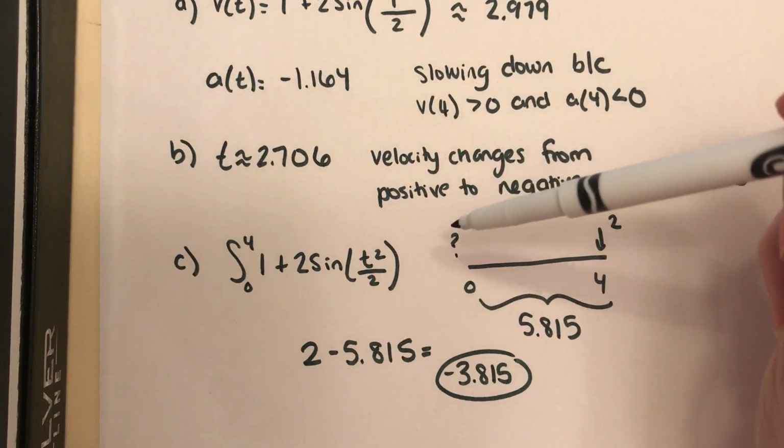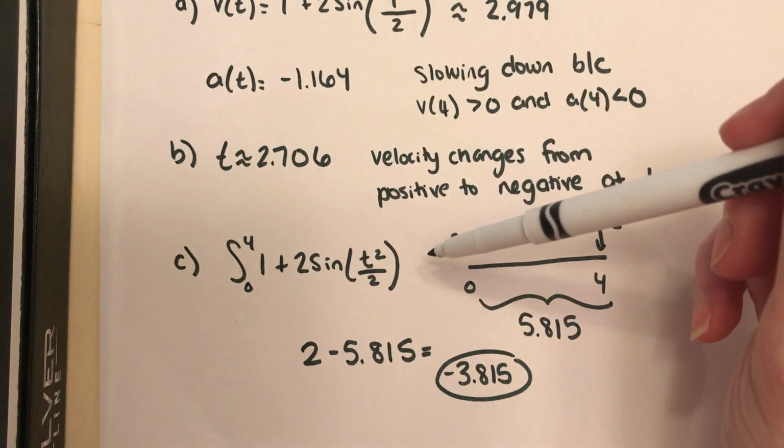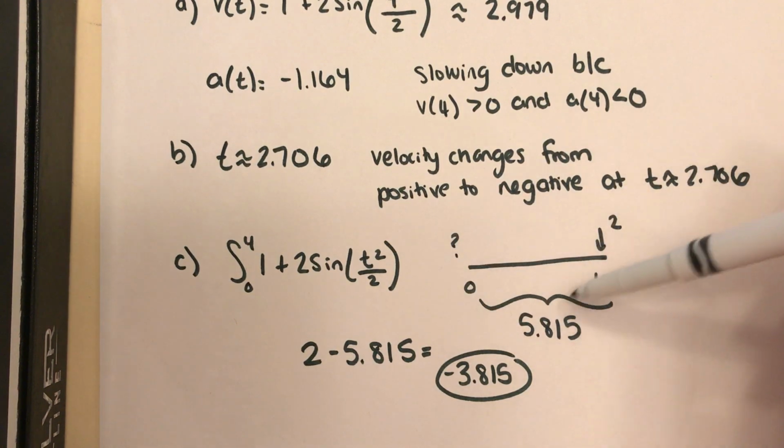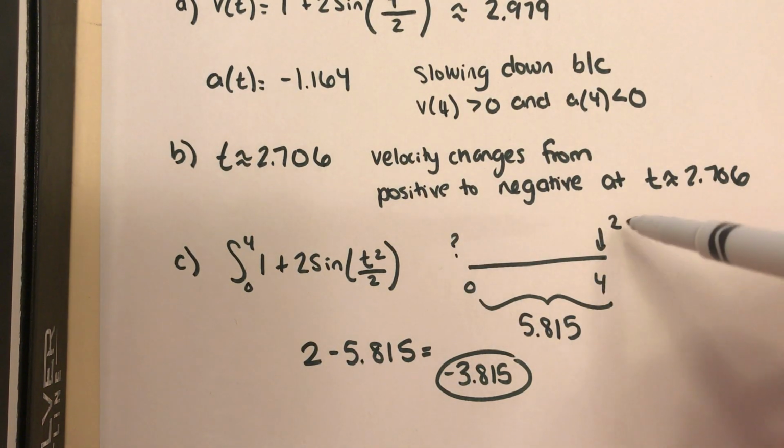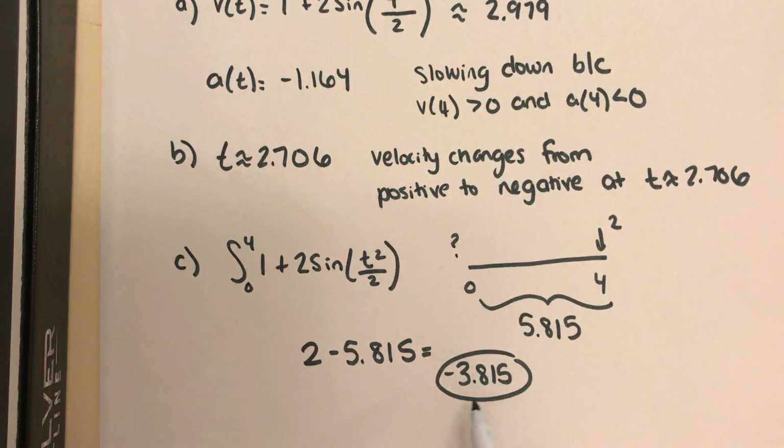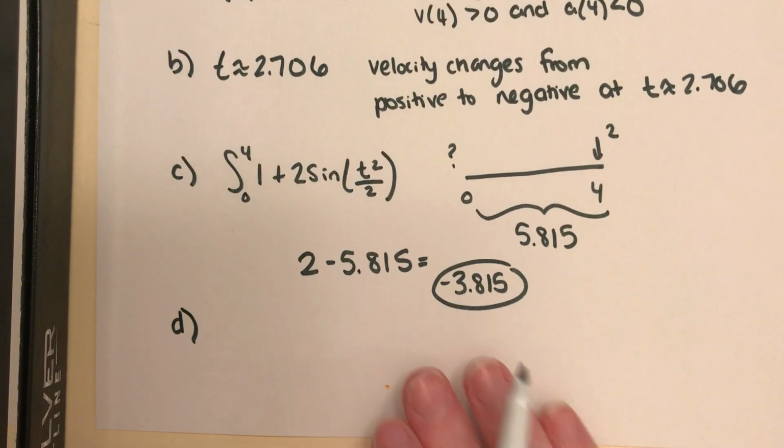So if this makes sense, hopefully, if we start at negative 3.815 and we travel 5.815, that puts us at our final position of 2. So our starting position must have been negative 3.815.